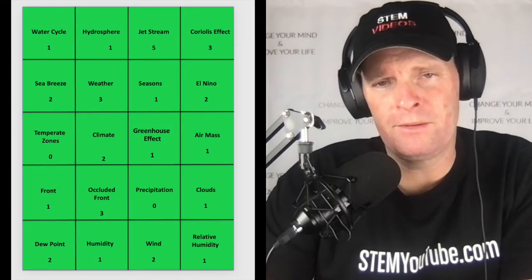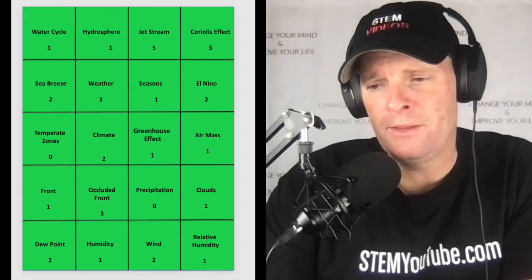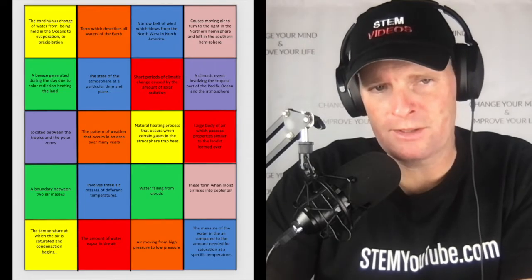And basically what it's made up of is a matrix of about, I think there's 20 different terms with 20 different vocabulary terms from this particular unit as far as weather unit. And it has an overlay, a paper with all the definitions that are in the same matrix.